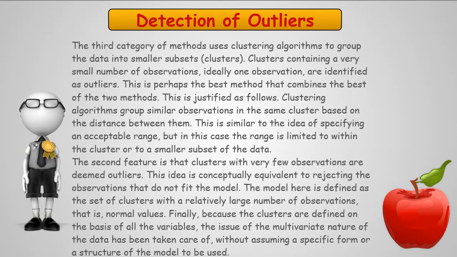So this is kind of equivalent to having a range of values that are unacceptable, but it's also equivalent to rejecting observations that do not fit the model. Since you've created different groups and you say these people didn't fit within any of those groups, I'm going to discard them. So it's sort of a hybrid between acceptable values and a predefined model.